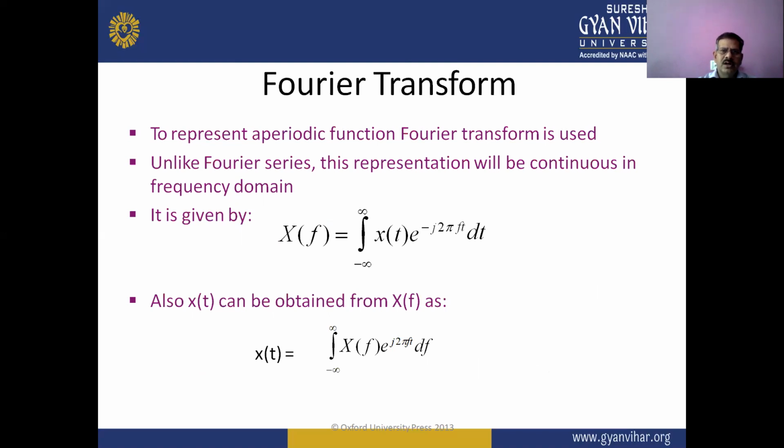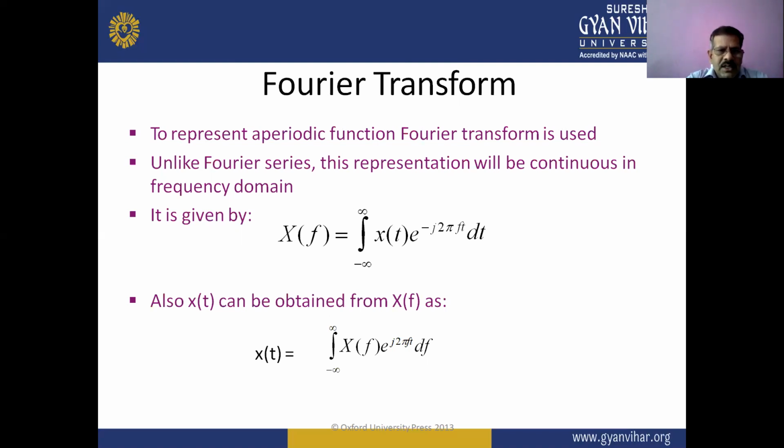Next one, the Fourier transform. To represent a non-periodic function, the Fourier transform is used. Unlike the Fourier series, this representation will be continuous in the frequency domain. It is given by the Fourier transform X(f) equal to the integration from minus infinity to infinity of x(t) e to the power minus j 2 pi f t dt.